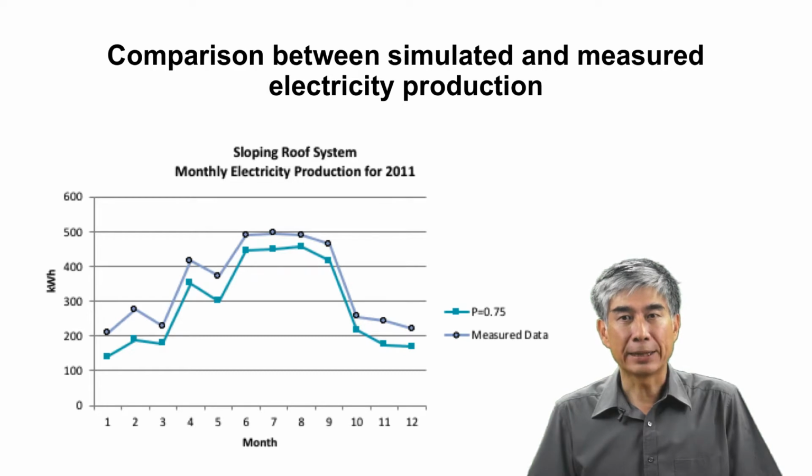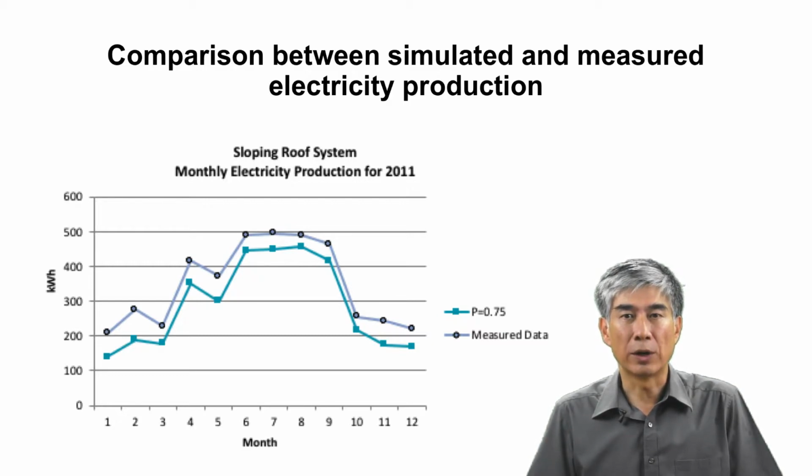The simulated electricity production was then compared with the measured one for all 4 types of solar panel system installed on the experiment house. The one shown on this slide is the monthly electricity production comparison for the sloping roof solar panel system.